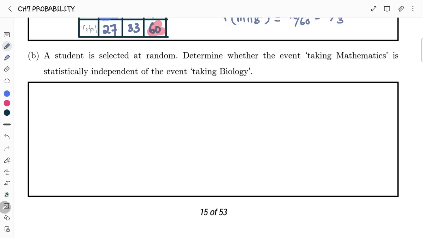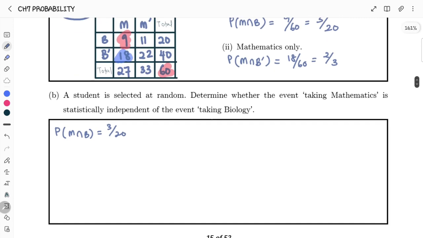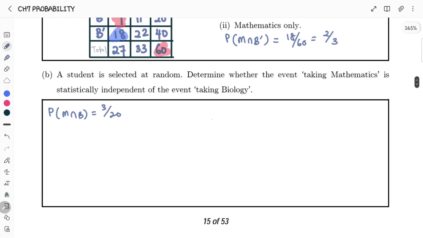A student is selected at random. Determine whether the event taking mathematics is statistically independent of the event taking biology. We already know that P(M intersect B) is equal to 3 over 20, from here. Then we just need to find P(M) times P(B).